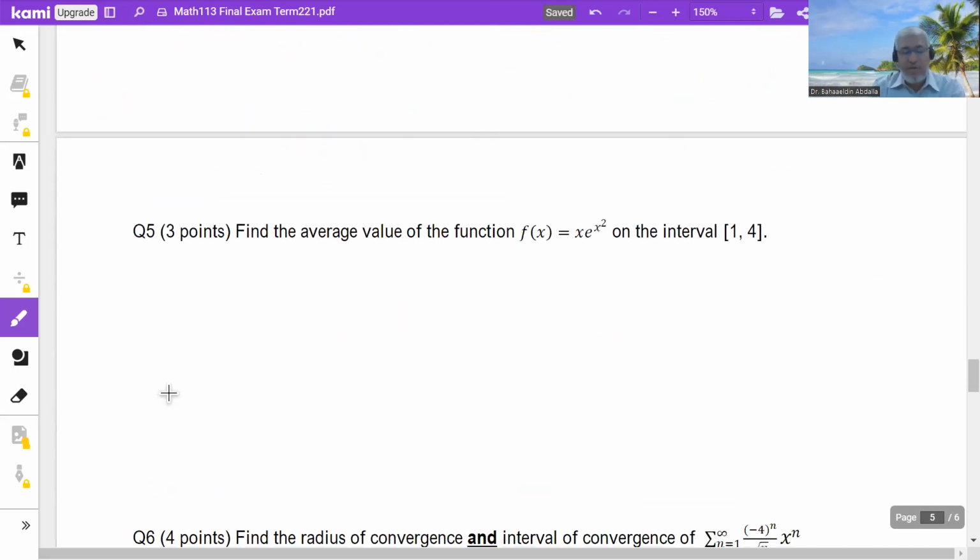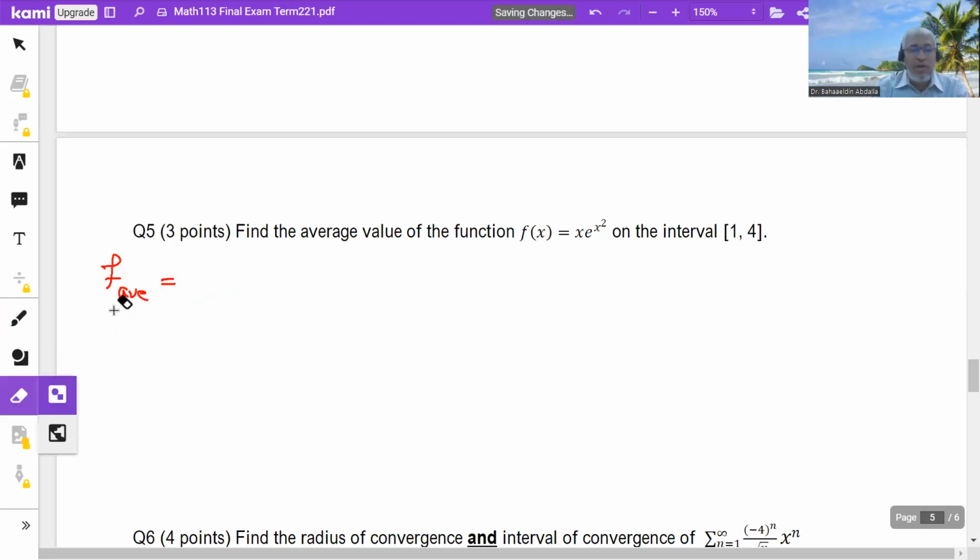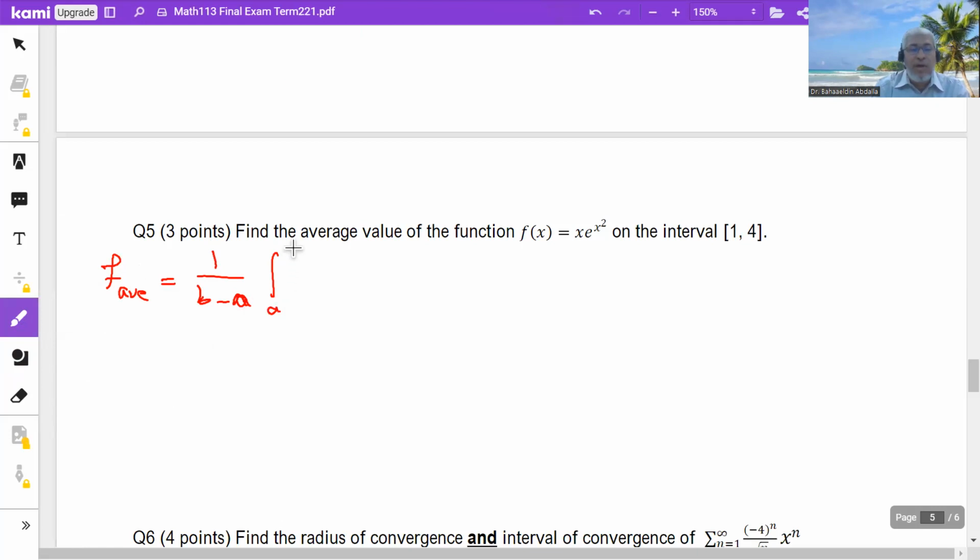Find the average value of the function. Well, the definition of the average value, we write it like this, equals 1 over b minus a, integral from a to b, f of x.